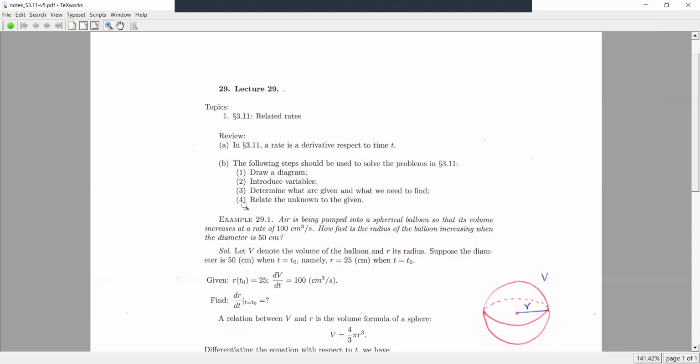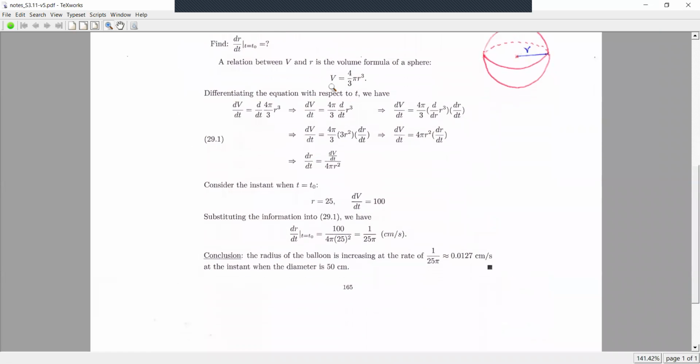Step 4. Relate the unknown to the given. A relation between the volume and the radius comes from the volume formula of a sphere. The volume is 4/3 times pi times r to the third.